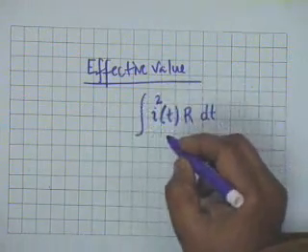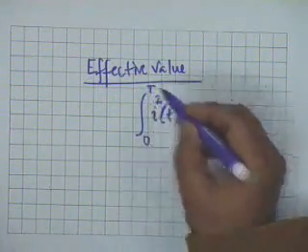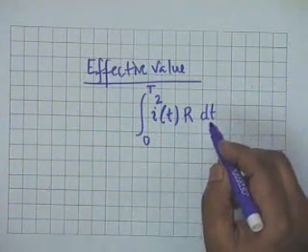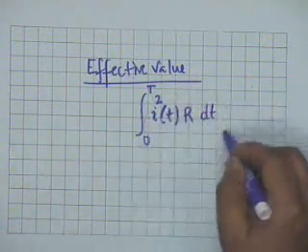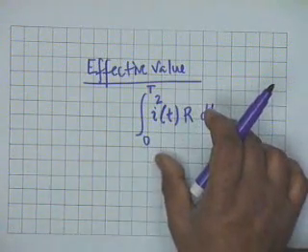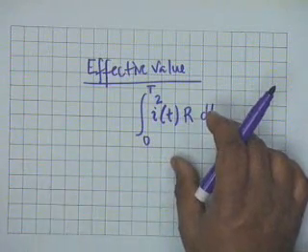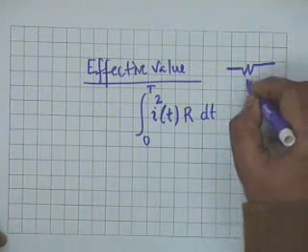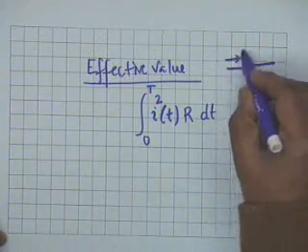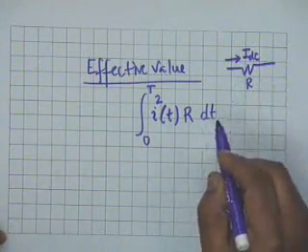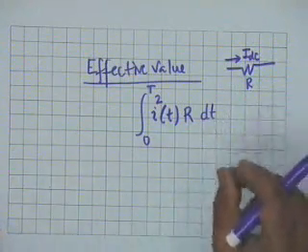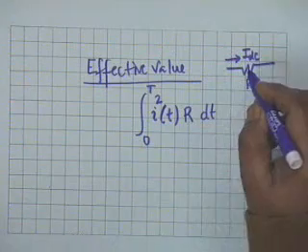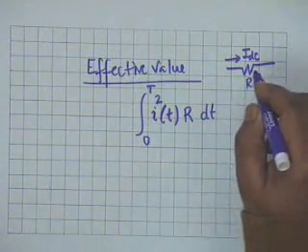The energy dissipated over one complete time period 0 to capital T is this integral. If this is equated to the energy dissipated in the same resistor by a DC, let's say I DC, then the DC value is called the effective value.